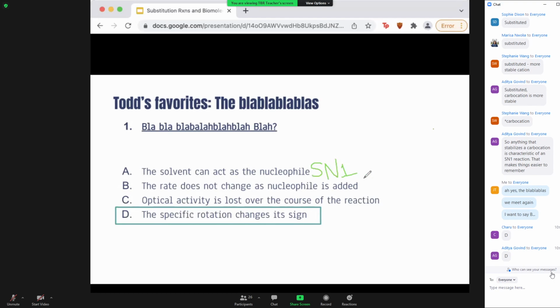And in SN1 reactions, the unimolecular rate determining step is that formation of the carbocation, and therefore the rate is only dependent on how much electrophile you have, how much carbocation trigonal planar intermediate you can form. And so this applies to SN1, because if you add more nucleophile to your reaction, it's not going to change the rate at all. It's not included in the rate determining step.